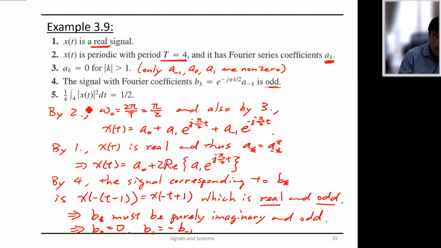Now moving on to the last property. The last property tells us that the average power over one period is 1 over 2.